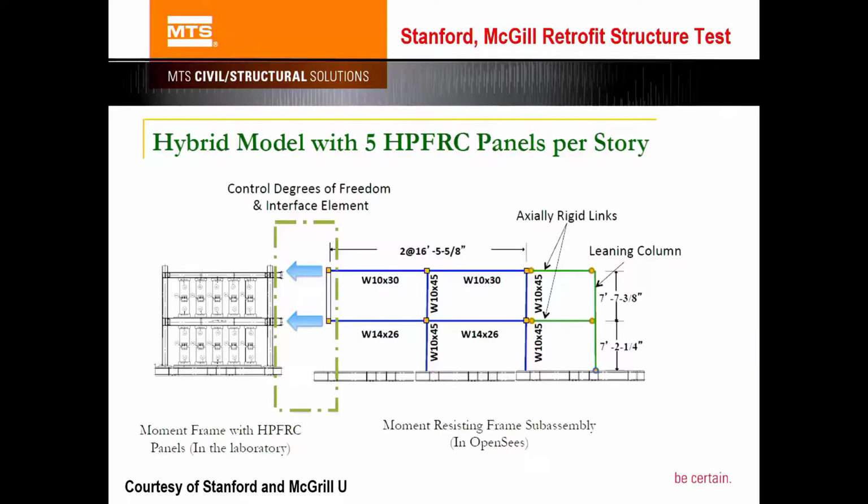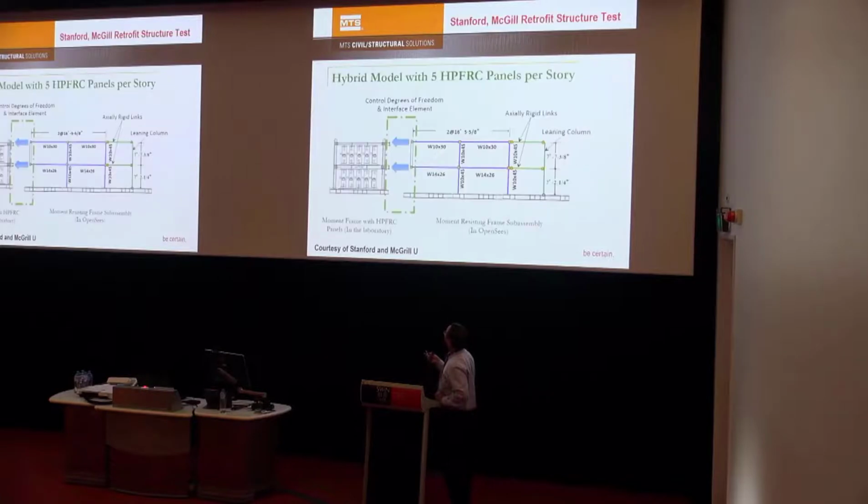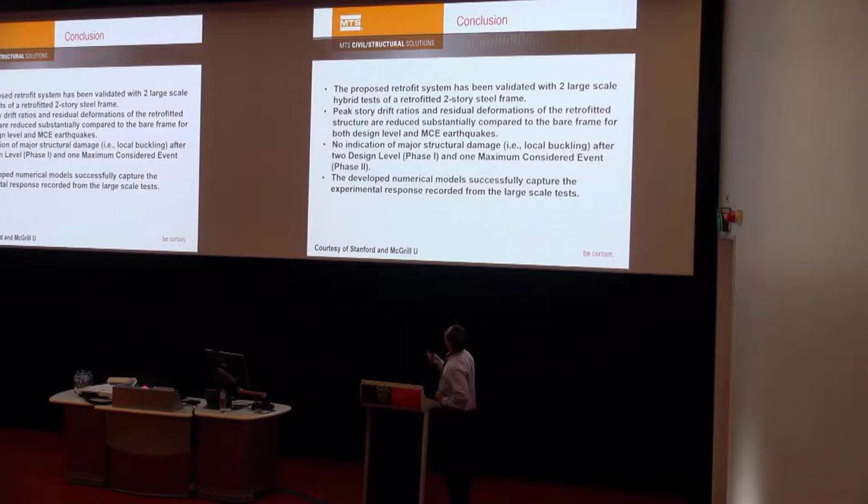So in this test, like I mentioned, the old building is modeled in OpenSees, and the connection uses OpenFresco to connect to the experimental element, the panel structure. Using this hybrid test, they designed the panel and found out that the panel really is effective to increase the earthquake resilience for the old building.